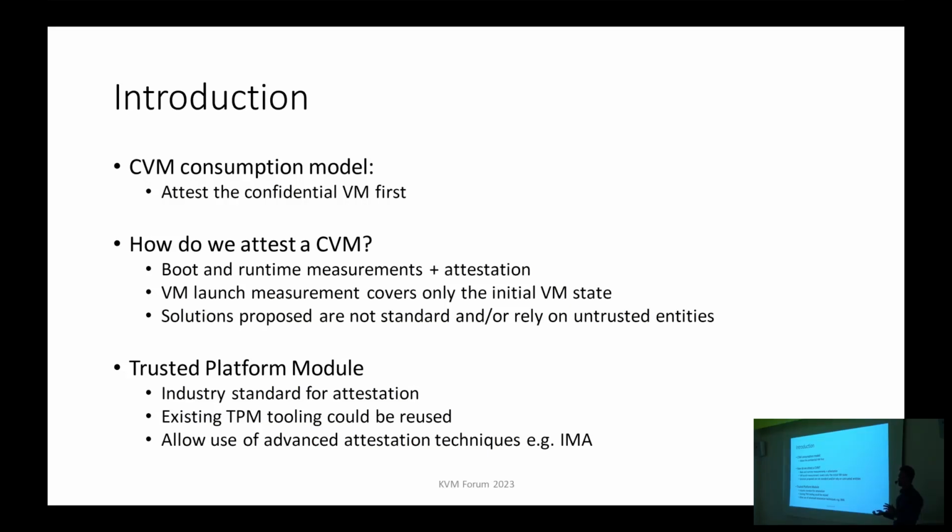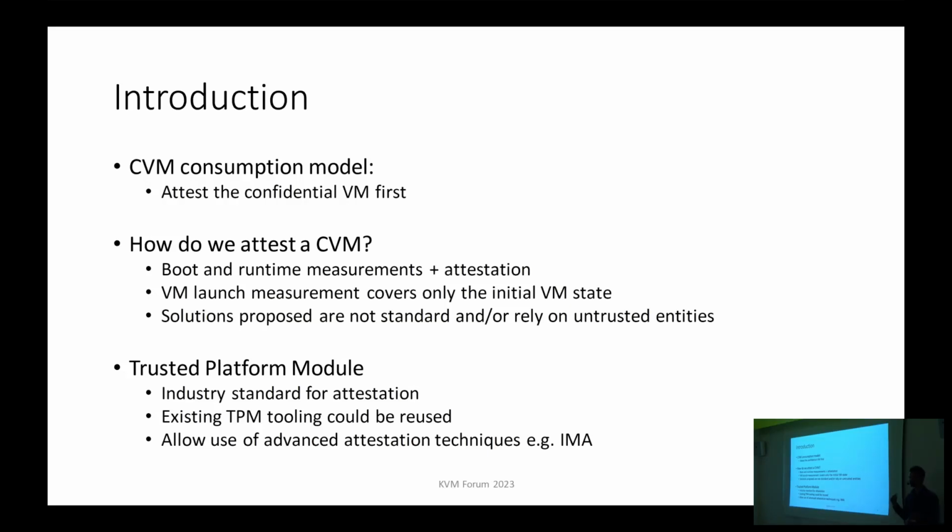But that's not enough if you want to do attestation, because we need to measure every subsequent module that is loaded after this initial state. There are solutions proposed already up to the guest OS, but they are not standard, and they also rely on untrusted entities.